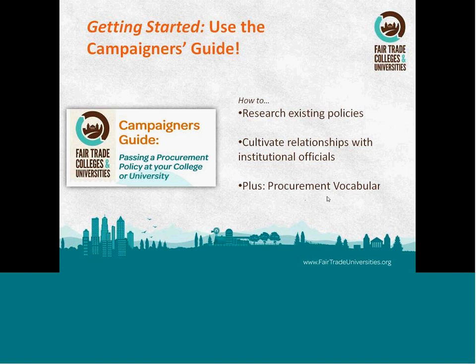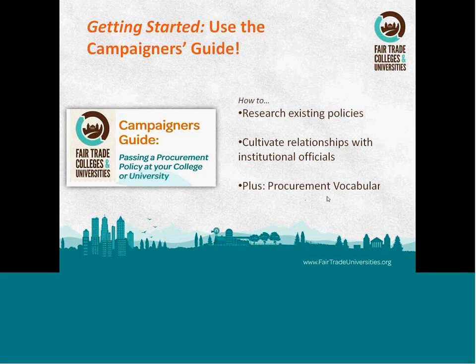So one of these resources to help get you started is a campaigner's guide, and I'll pass it over to Parker to talk a little bit about that. Great. Thank you, Sarah. So I'm guessing that not all of us are procurement experts. So to make things easy and understandable, we've developed a campaigner's guide that provides an overview of the process, as well as enough information about specific topics to guarantee that you're ready to get moving.